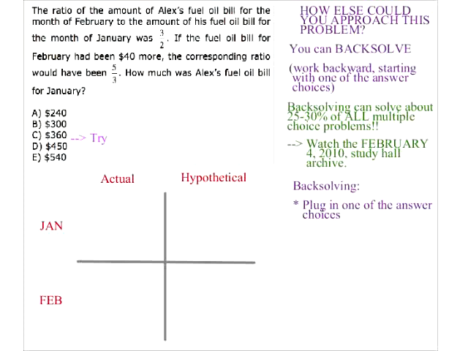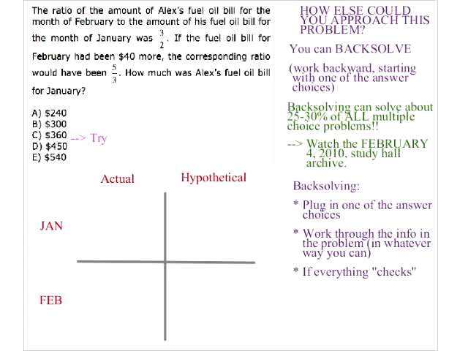You just work through the information in the problem in whatever way you can. You don't really need an advanced plan here. And then if everything checks with everything else, then you have the correct answer. And if something is inconsistent, then you have a wrong answer.